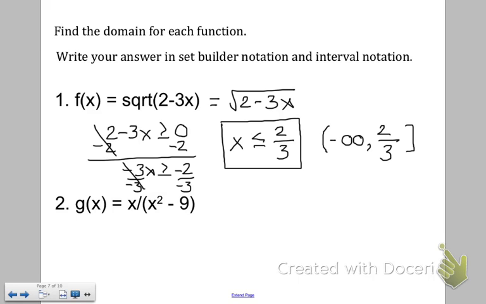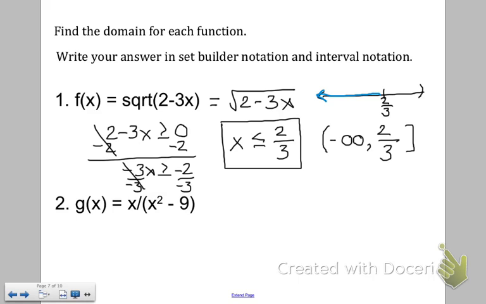Now, sometimes it can help visually to draw this out as well. Let me show you what that would look like on a number line. If I had a number line here, and I put the number 2/3 on it, let's just say 2/3 is right there, okay? I want everything to the left of 2/3. So I'm talking all this space.